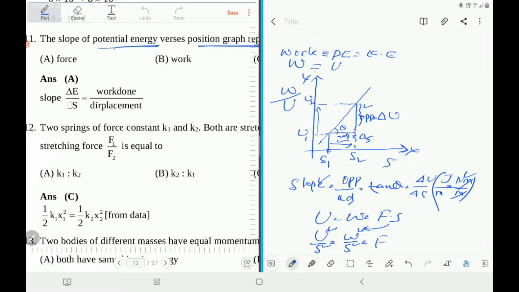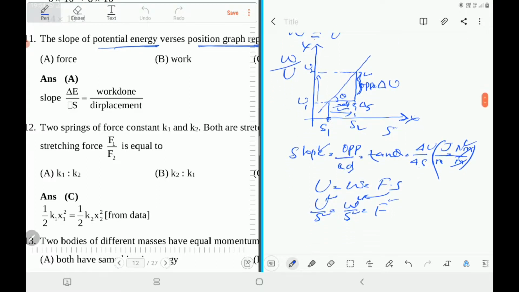When you find slope in the work displacement graph, that has a meaning of force, because slope is change in y value for a corresponding change in x value, which is work by displacement. That's all. So our answer must be option A. This is how you have to think, students.